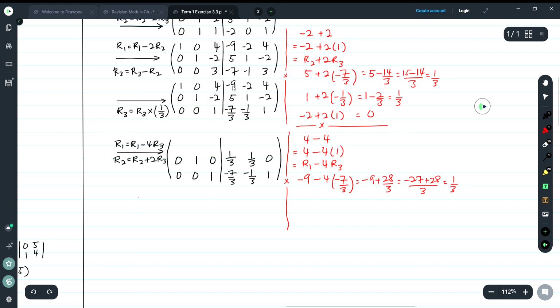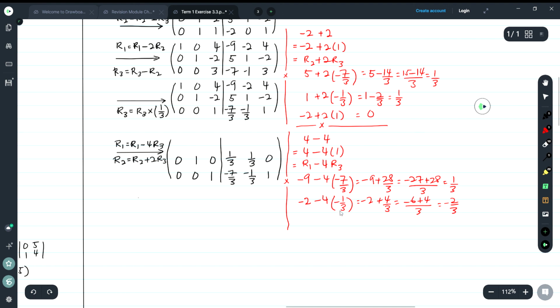R1 is negative 9. For this element, R1 is negative 9. R3 is minus 7 over 3. Then we simplify. Minus 4 times minus 7 is 28. Then we simplify, we get 1 over 3. Okay, next. For this element, R1 is minus 2.